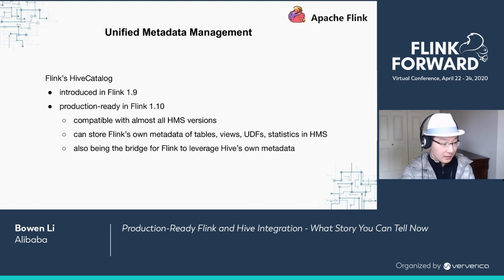The first one, as mentioned in the background, is that users are able to store their Flink metadata in the Hive Metastore, so they can have a central place to manage not only all the other infrastructure's metadata but also Flink's. The second fold is that Flink will be able to leverage Hive catalog to read and write Hive's own metadata. So Flink can read and write Hive data based on that.